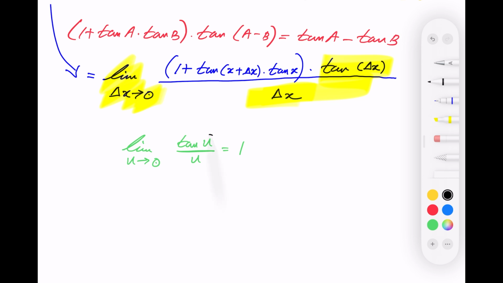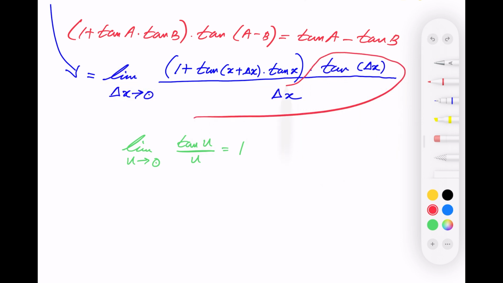For this theorem, I need these three places to have the exact same figure, and that figure should go to 0. Of course, I have the exact same figure in these three places, and that figure goes to 0. Therefore, this part of the limit problem should be equal to 1.